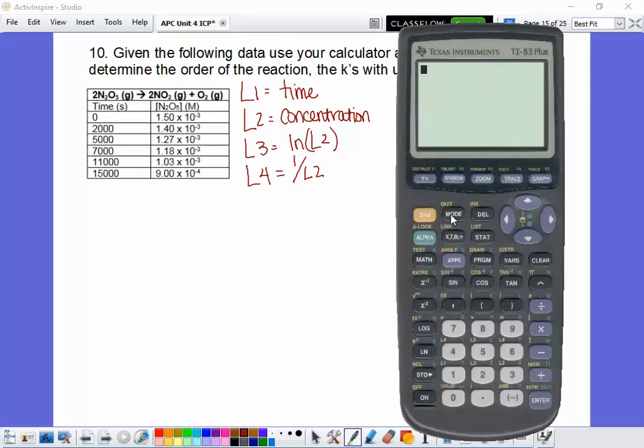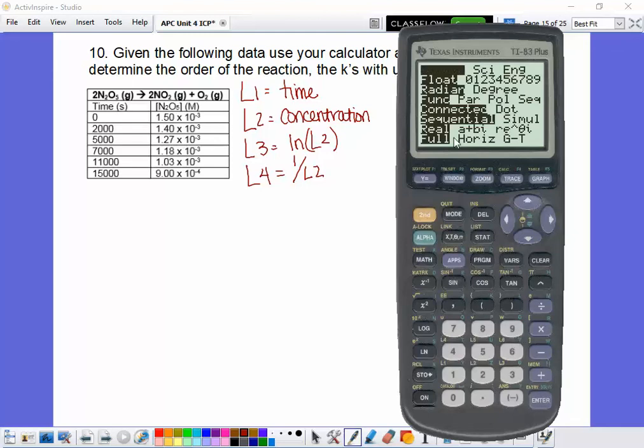Now before we do the analysis, we want to make sure that our calculator is set with diagnostics on. There are 2 ways to get to this. On this old calculator that I have up on the screen, it's not going to be the same way as most of yours, but everyone press mode.